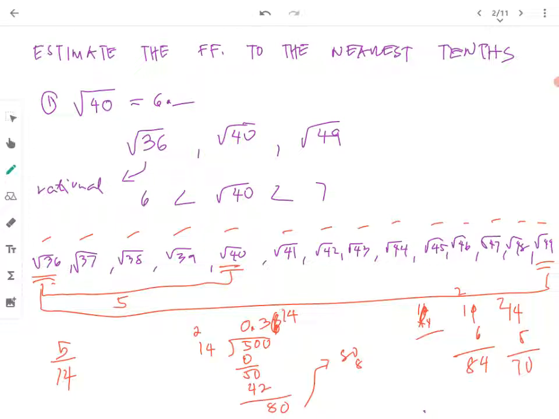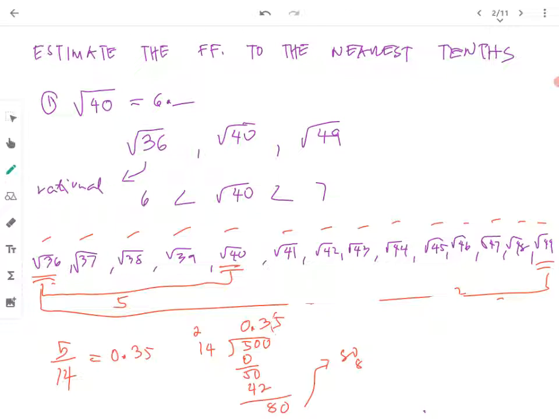So it's 5, not 6, not 7, not 8. So it's 0.35. Meaning 5 out of 14 up to the hundredths place is 0.35.